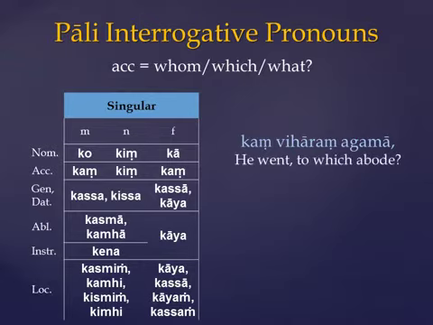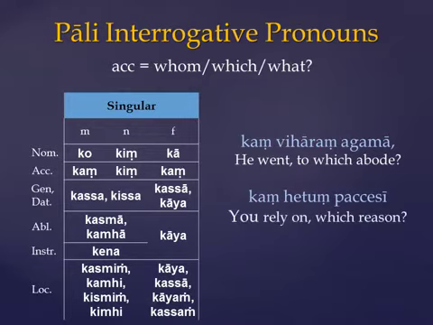So we can see that the question is about which abode he went to. Similarly, in the sentence kaṃ hetuṃ paccesi, the verb ends in si, so is in second person, meaning you rely on, and again the two nouns are in accusative case to form a unit, asking what reason, or you rely on which reason.